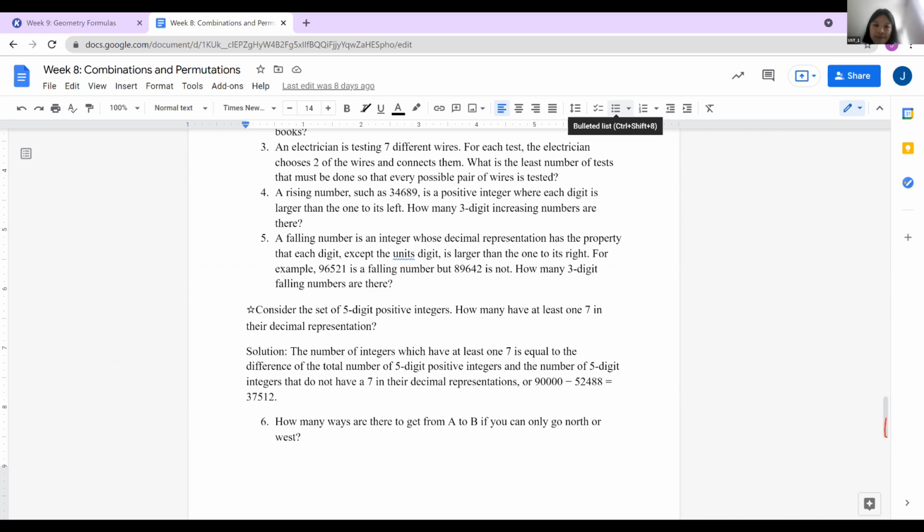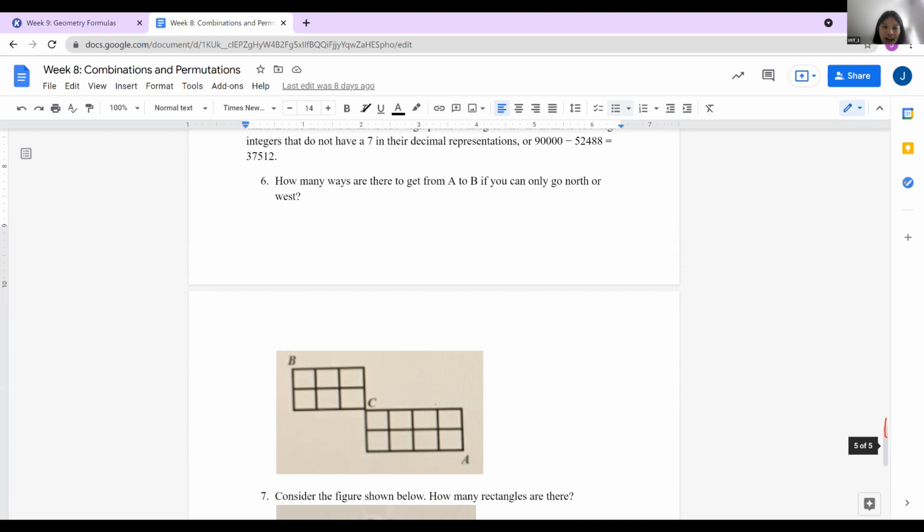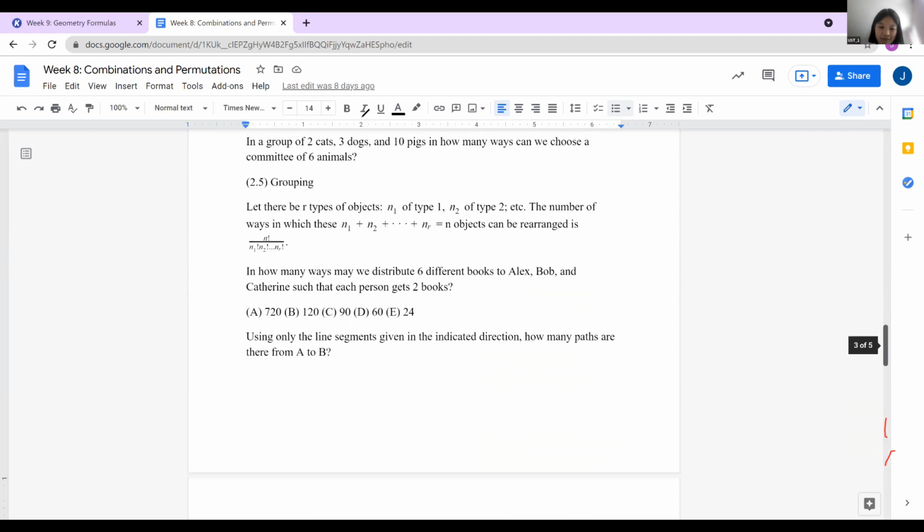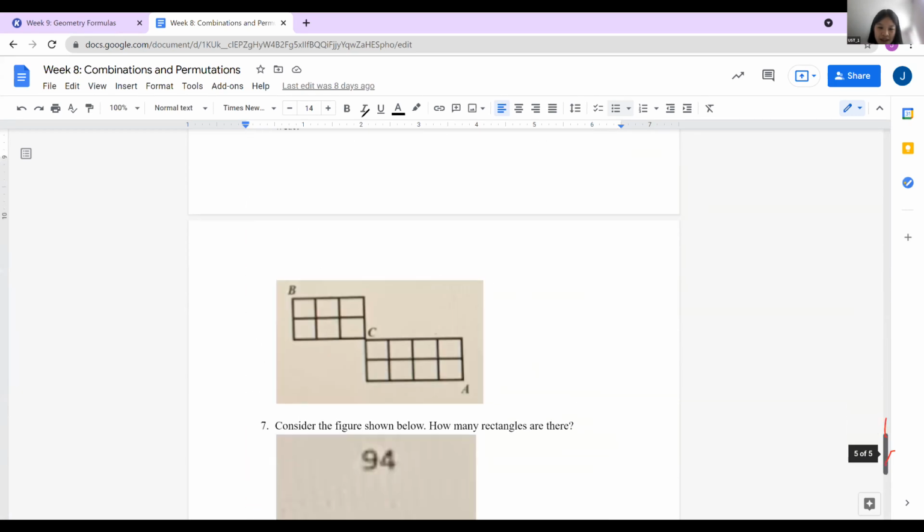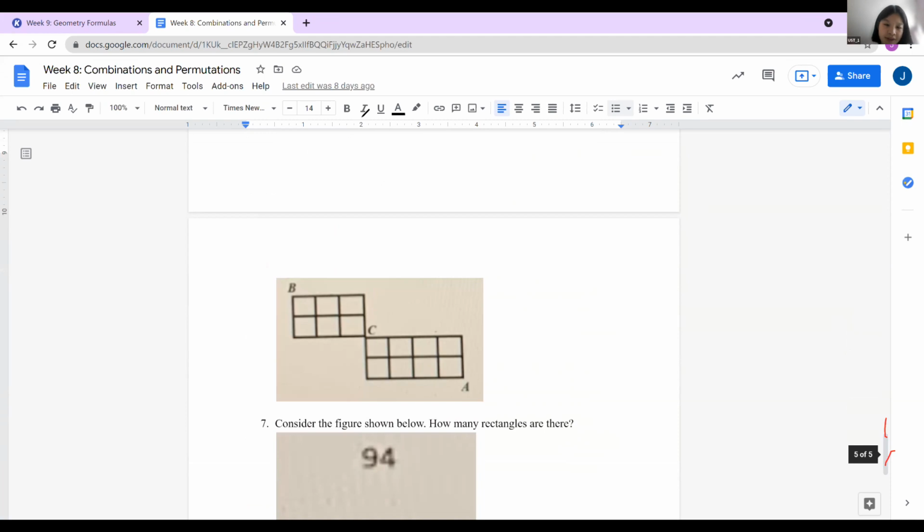Okay, now 6. How many ways are there to get from A to B if we can only go north or west? This problem is similar to the water pipes problem we saw last week, except this time, instead of going only east and south, you will go west and north.